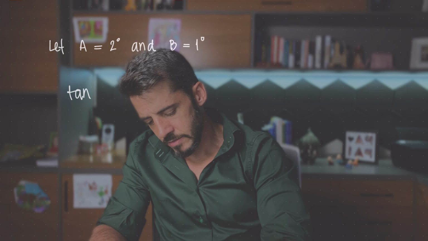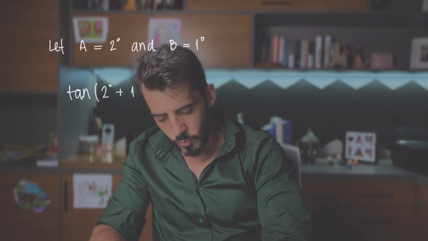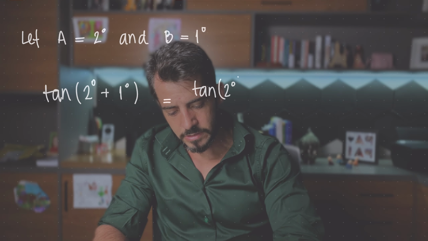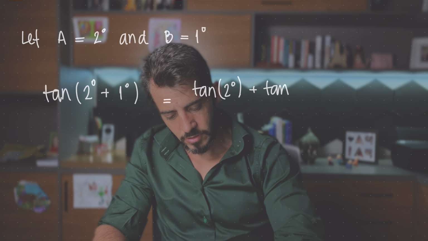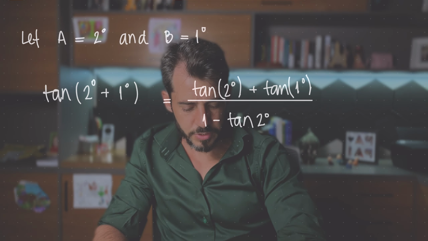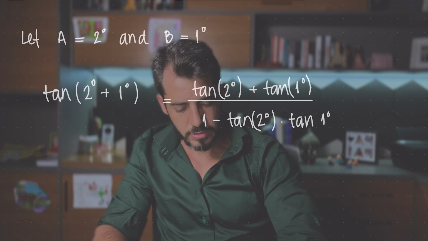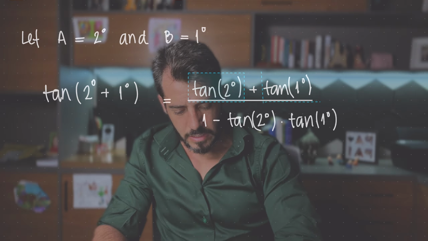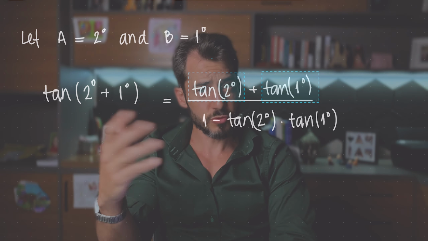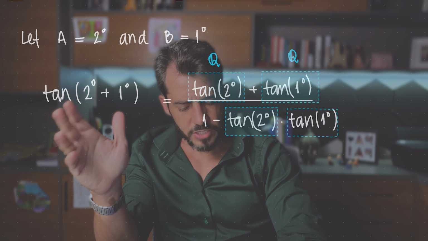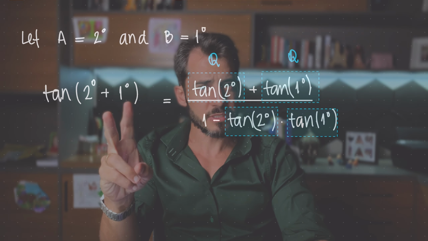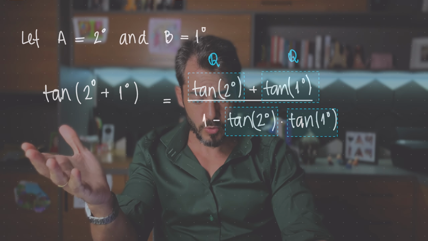Now what is tan of 2 degrees plus 1 degree, which is tan of a plus b? That is tangent of 2 degrees plus tangent of 1 degree over 1 minus tan of 2 degrees times tangent of 1 degree. Now, knowing that all of these tangents are rational numbers, or at least we're assuming that they're rational numbers, we actually assume that the tangent of 1 degree is a rational number and tangent of 2 degrees as a consequence was also a rational number.